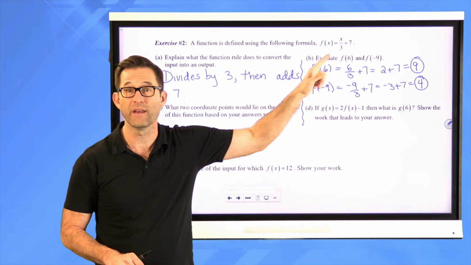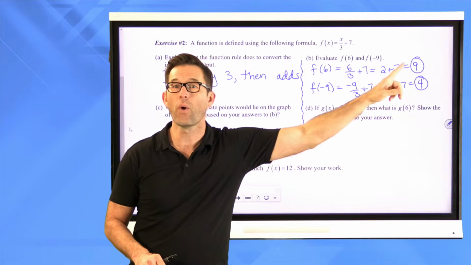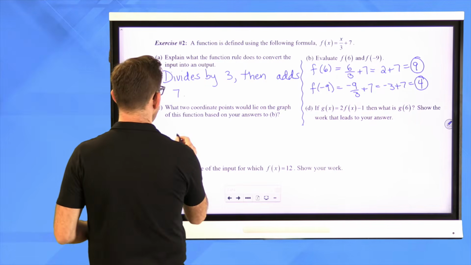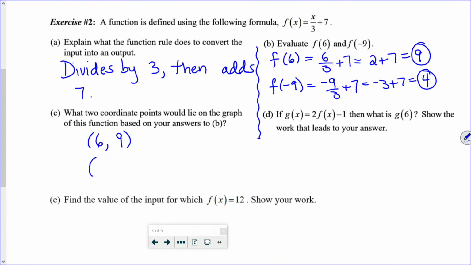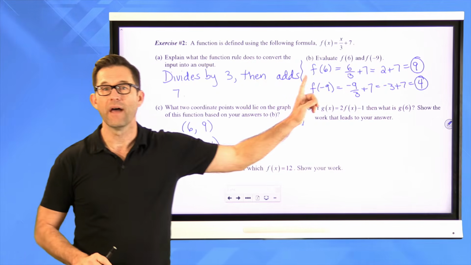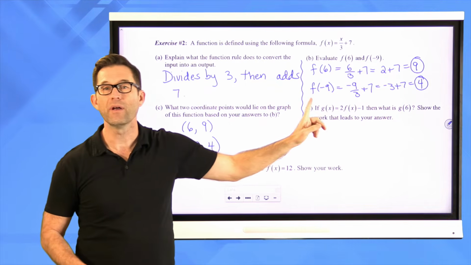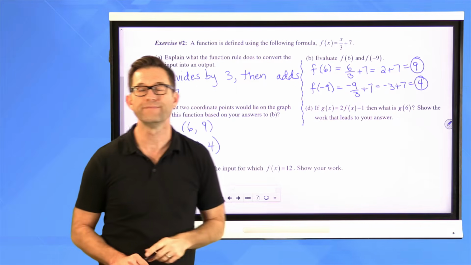There it is, it's called x right there. And the output is the y coordinate. So the 2 coordinate pairs that must lie on this graph based on what we just did are 6, 9 and -9, 4. The input, x equals 6, gives an output y equals 9. An input of x equals -9 gives us an output of y equals 4.